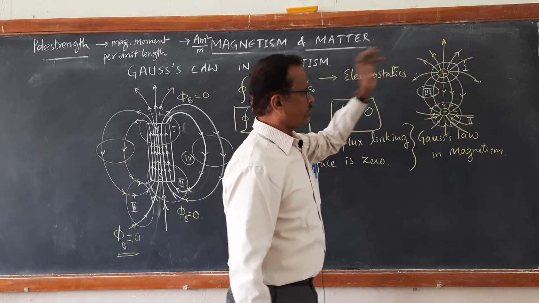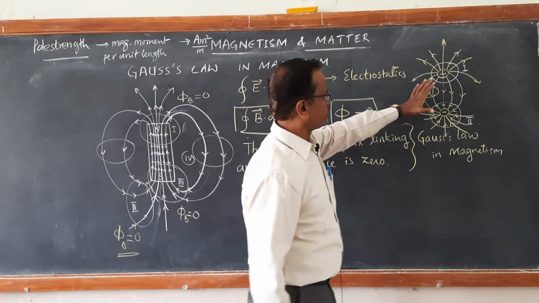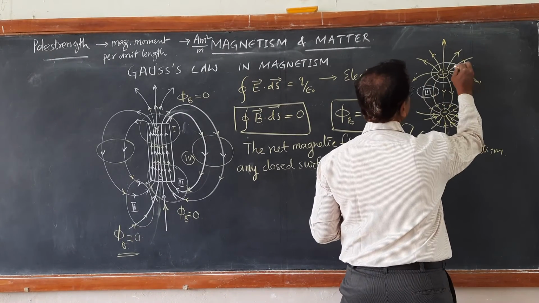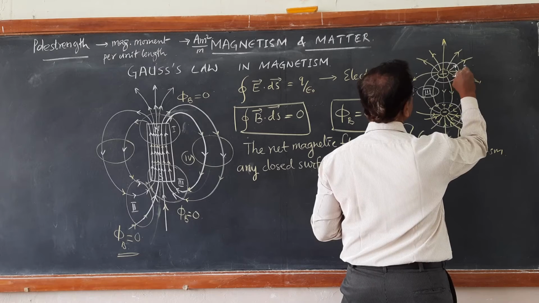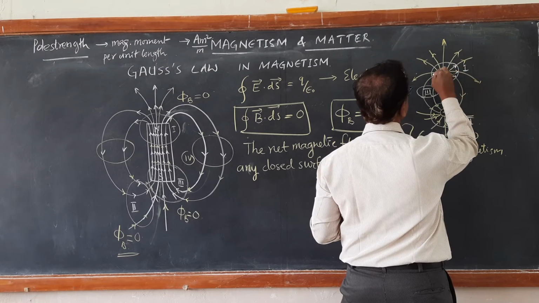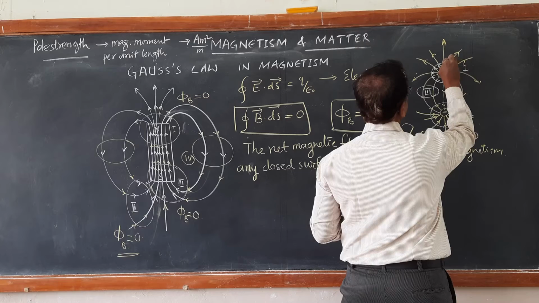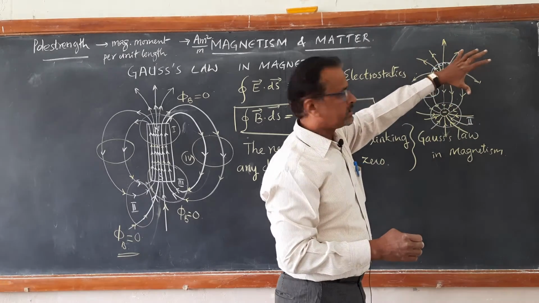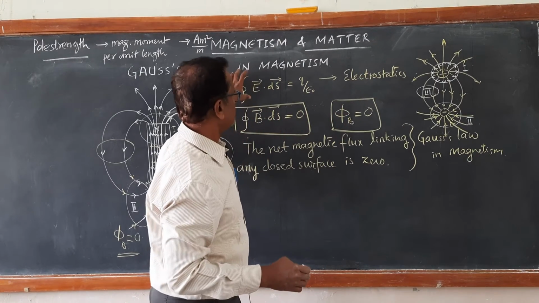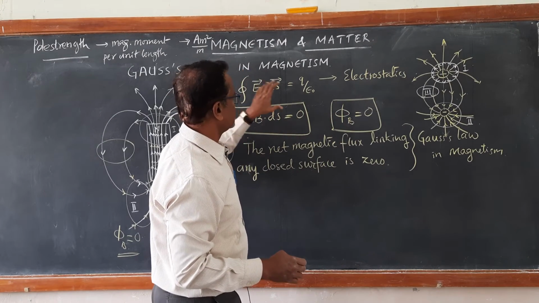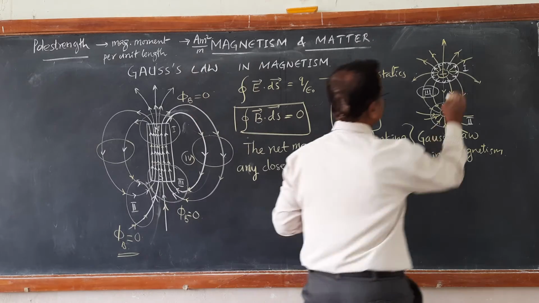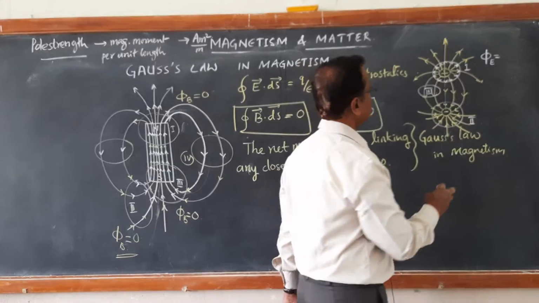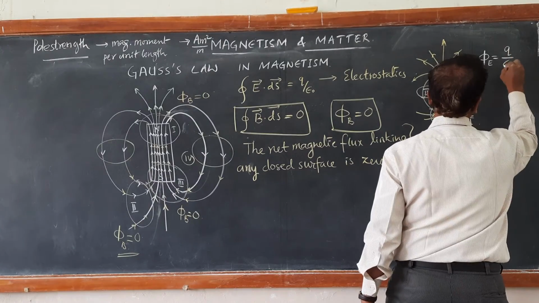Now if you apply Gauss law in electrostatics for an electric dipole configuration, in this region the total flux is always emerging out. The field lines are emerging out of this enclosed surface. Therefore, applying Gauss law in electrostatics, the total electric flux phi E is equal to 1 upon epsilon naught times the charge enclosed by it.